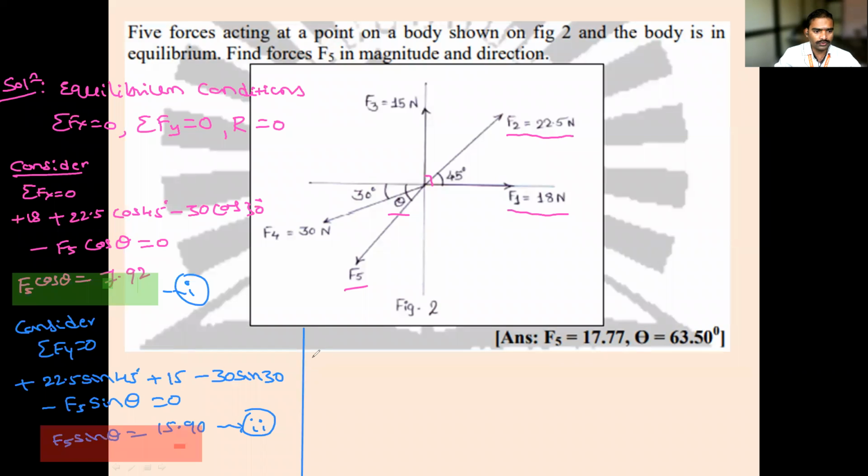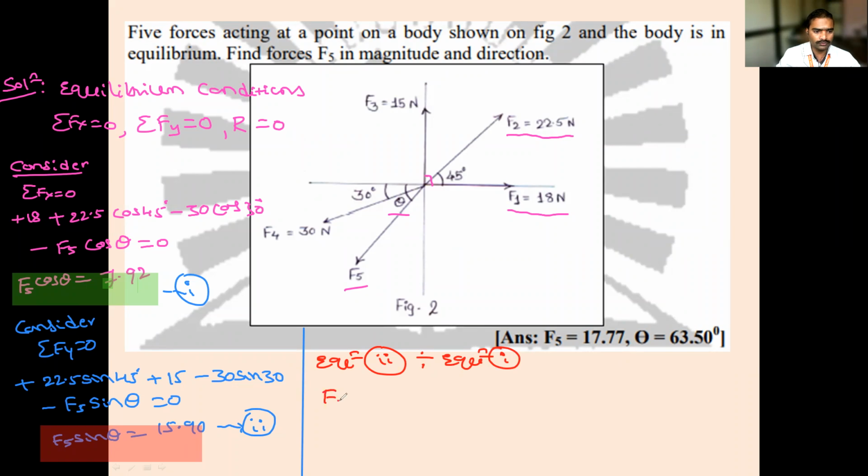Is it okay? So equation 2 divided by equation 1. What is equation number 2?